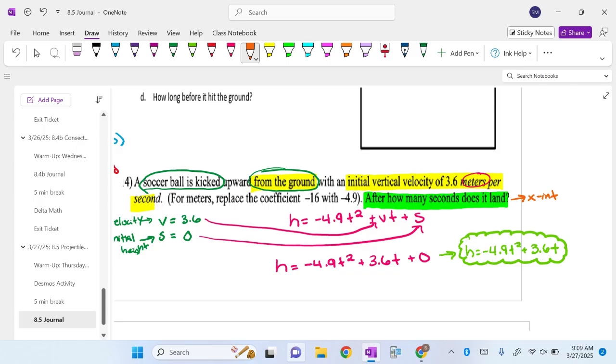All right, you guys get it? Make sure you graph it exactly.